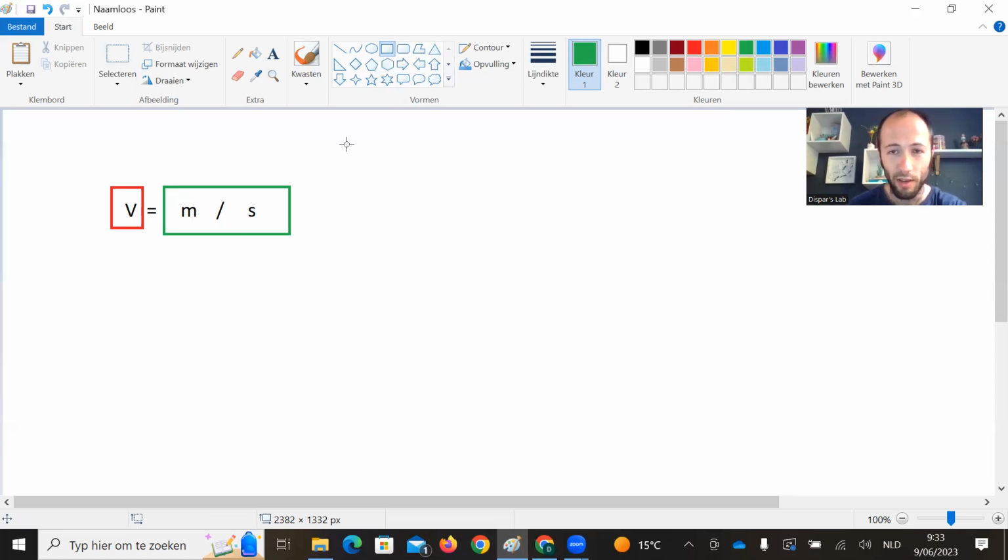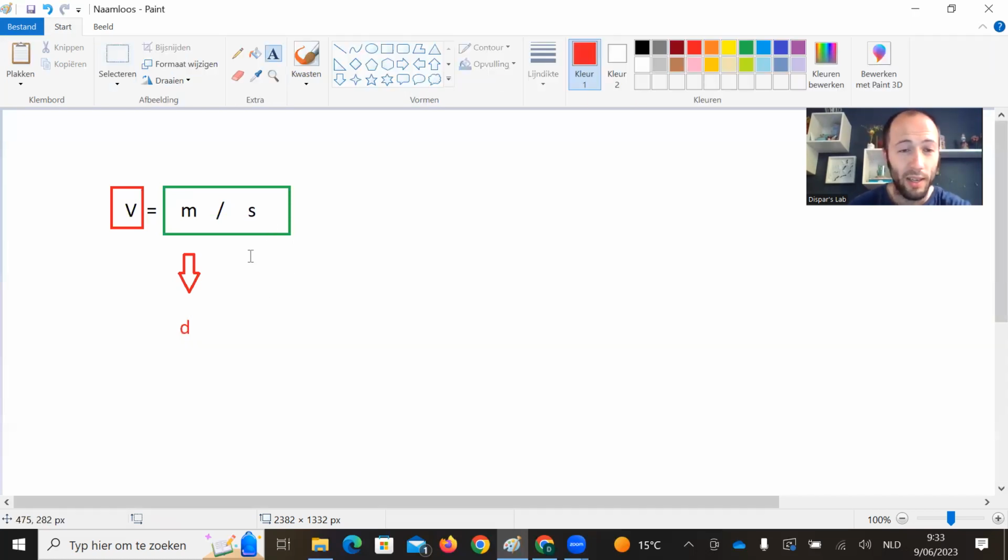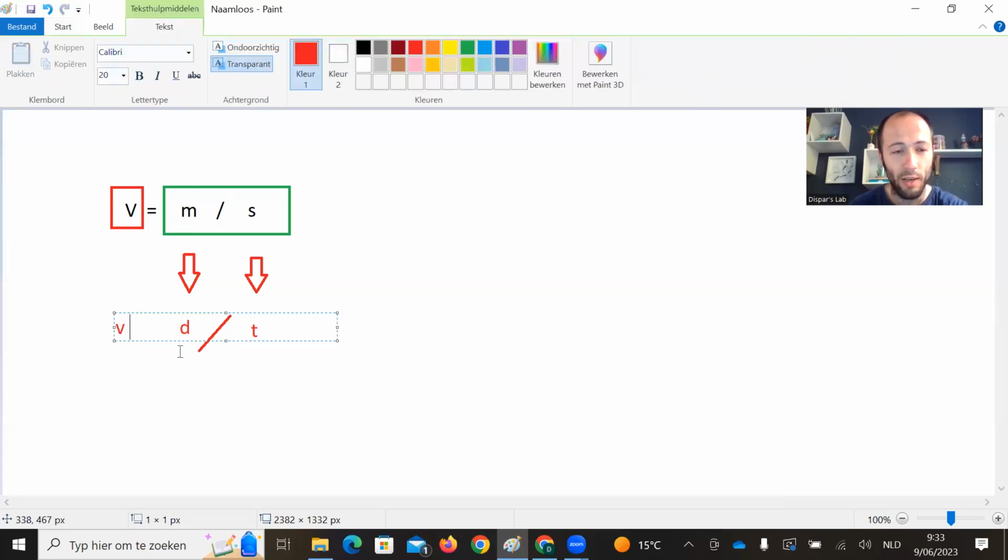Again, you could say meter is the unit of distance. Distance is a quantity, and seconds is the unit of time. Time is the quantity. So we have distance over time. Velocity equals distance over time.